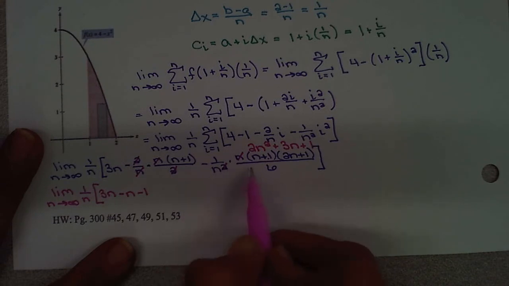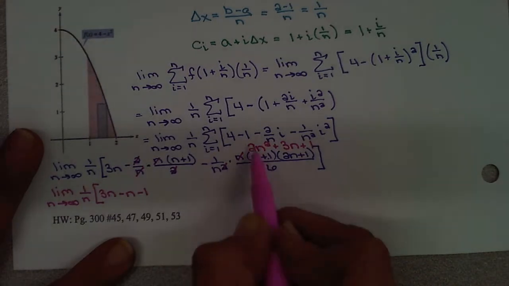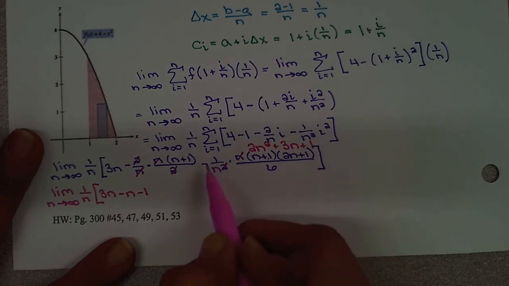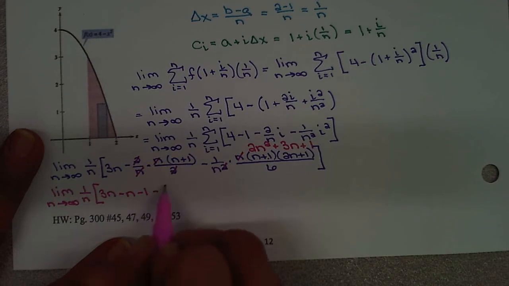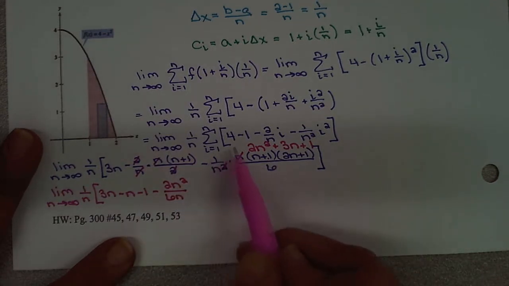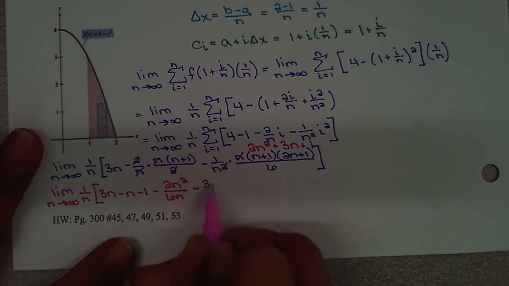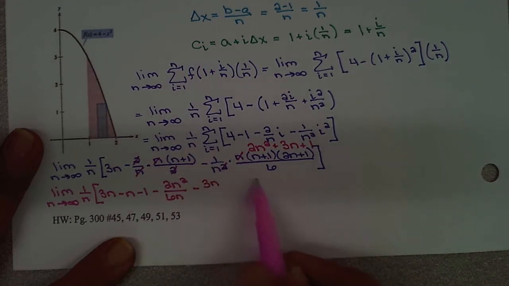Here, this n will go with this 6, and then I'm going to break up each of these terms. And don't forget, we also have this minus. So it's going to be a minus 2n squared over 6n. The minus here distributed to the 2. This n went with the 6. So again, now this minus is going to distribute to the 3n to make a minus 3n, and on the bottom here, that's going to make a over 6n.